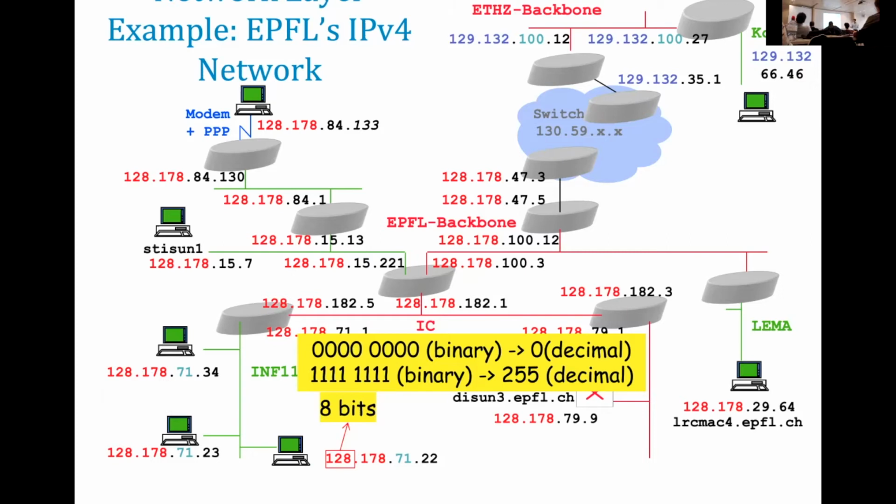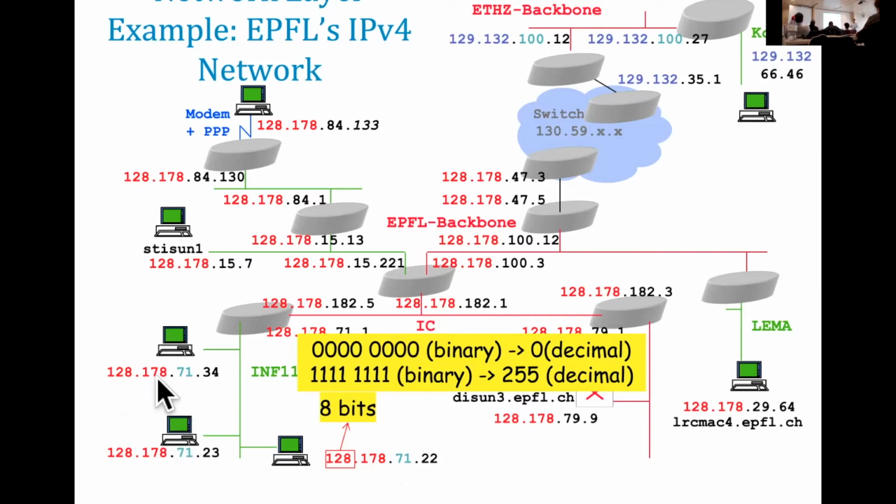All devices at EPFO start with the same 16 bits, the same value of the first 2 pieces. But EPFO is still a large company. We have different departments, different rooms. We have to somehow distinguish between different rooms. So we use the rest of the IP address. We reserve, for example, in INF 11, the next piece. So all devices that are in INF 11 have the 71 same also.